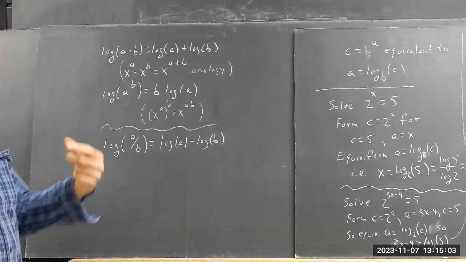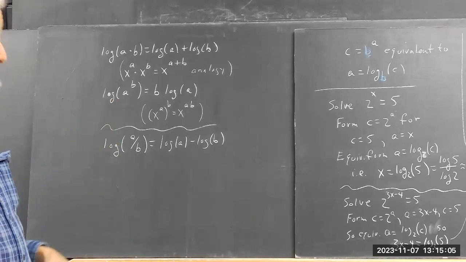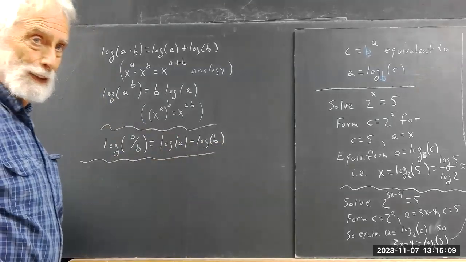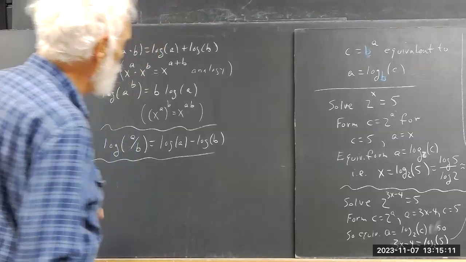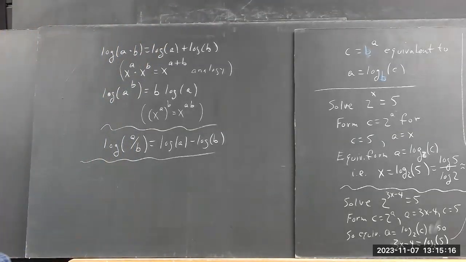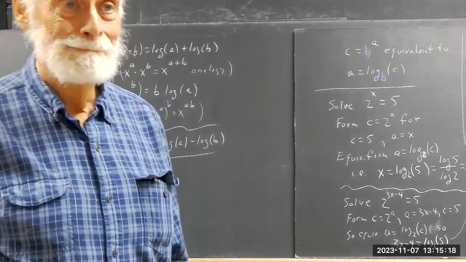Also, the log of 1 is 0, since any number to the 0 is 1. They write those as rules, but they follow from these rules, so I don't pay that much attention to them, but you probably should.